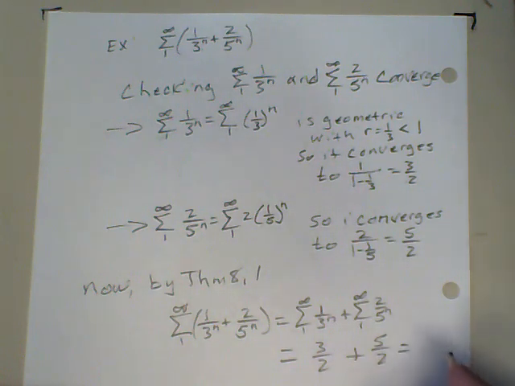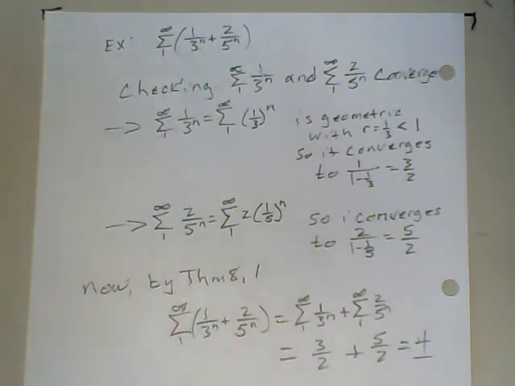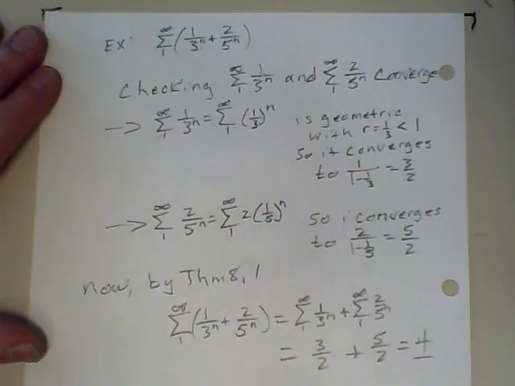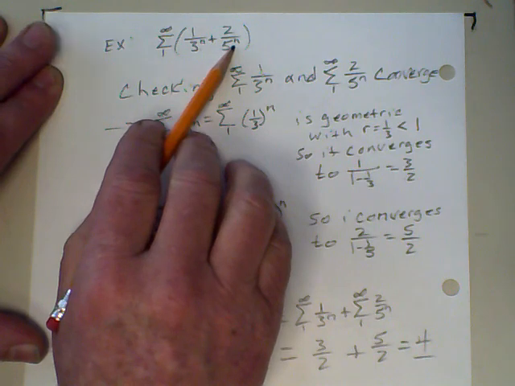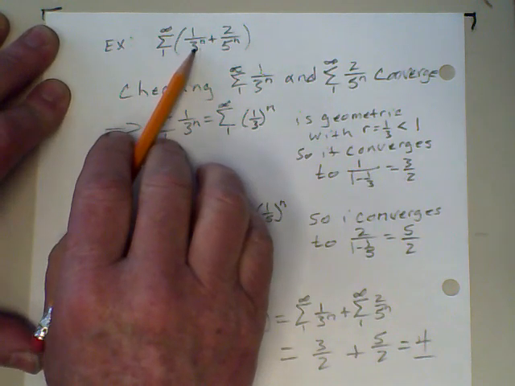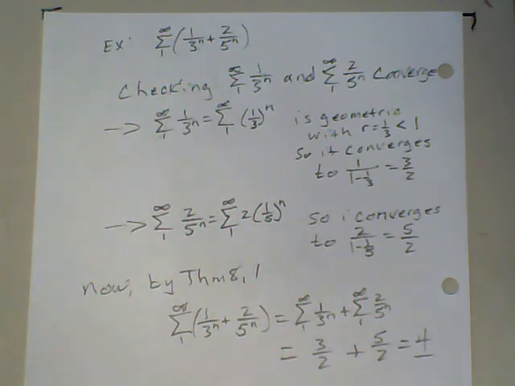And so 3 halves plus 5 halves, 8 halves, that's 4. Okay, so that's how we can use this Theorem 8 to determine the convergence of a sum. You could use a similar strategy if you had a difference. Okay. All right, thanks for checking this one out.